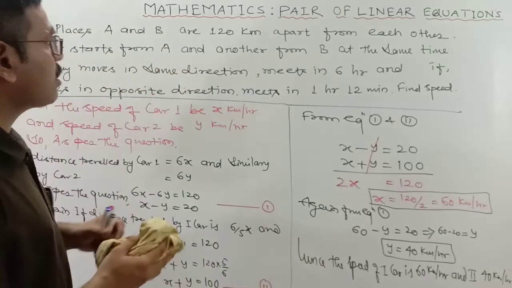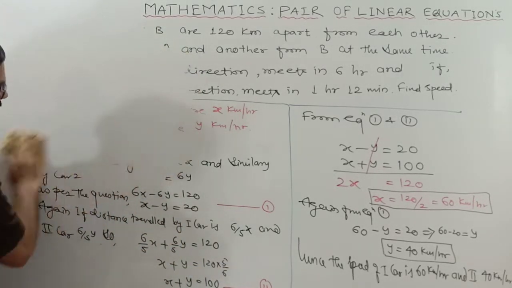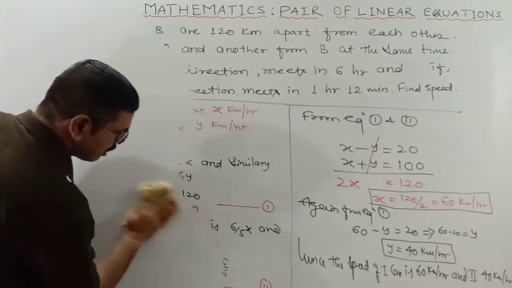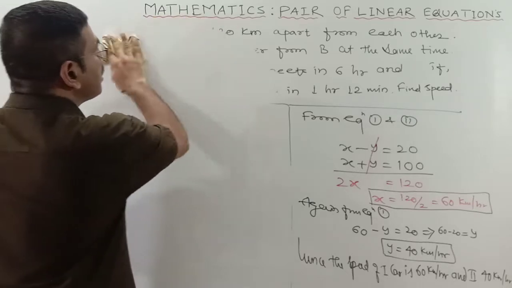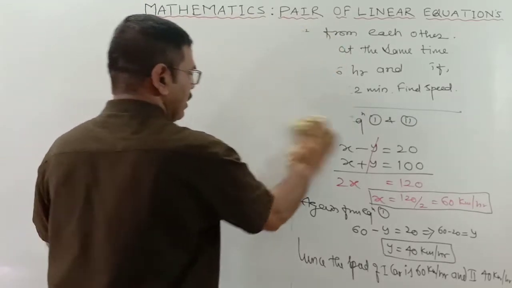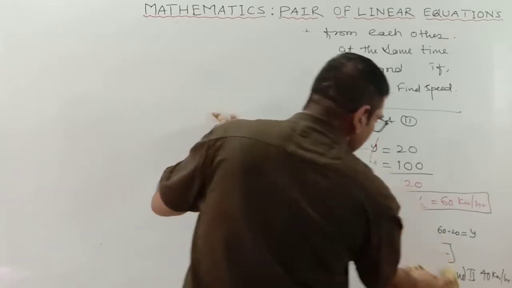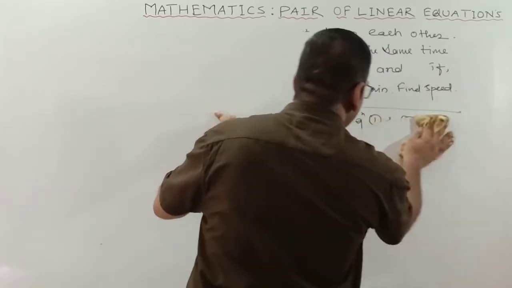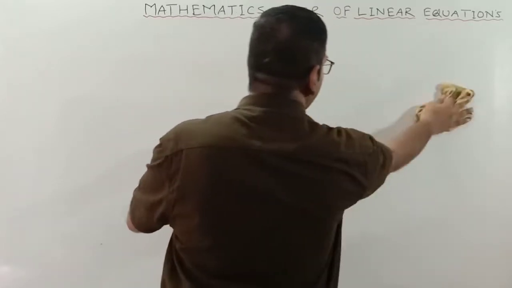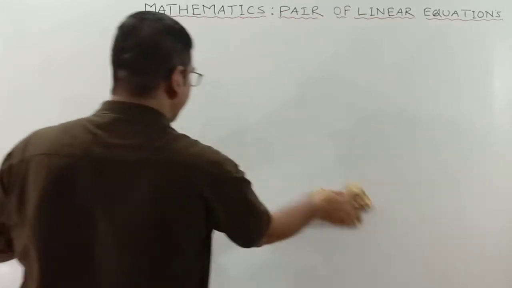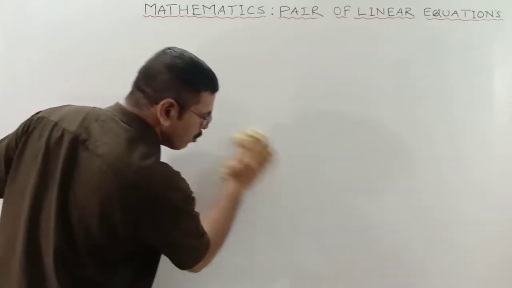Now suppose a little different question is given, which is based on the speed of a motorboat when the motorboat is moving with the current of water. Okay, a river is there in which a motorboat is moving.